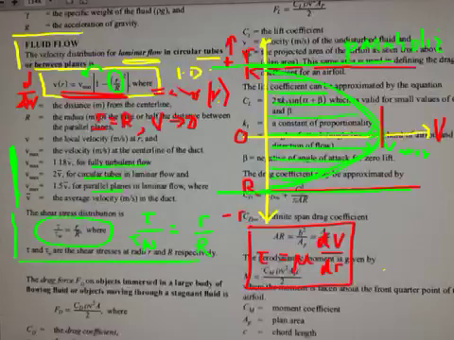Now, what's funny is in this case you're taking the derivative of v with respect to r. So tau would be 0 here, and it would be a maximum value, of course, over here at the wall.